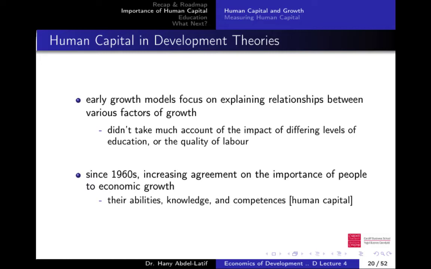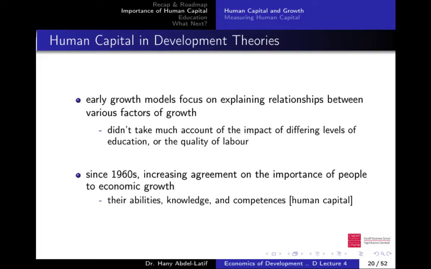They were thinking more about the quantity of labor. But since the 1960s, there has been an agreement on the importance of people to economic growth. When we talk about people here, we talk about abilities, knowledge, and competencies, which, in other words, is human capital.